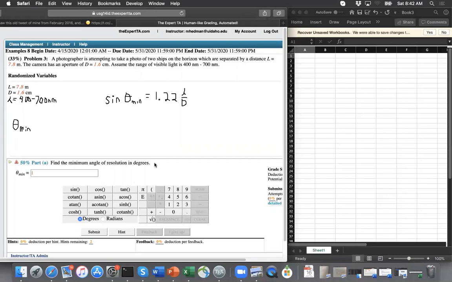But in practice, what we often want is, what's the limiting resolution? That is, what is the resolution that's the worst that we can get with this system? So we have to think about that. Which of these gives us the worst resolution, 400 nanometers or 700 nanometers? Well, it's 700 nanometers because that'll give us the biggest angle.